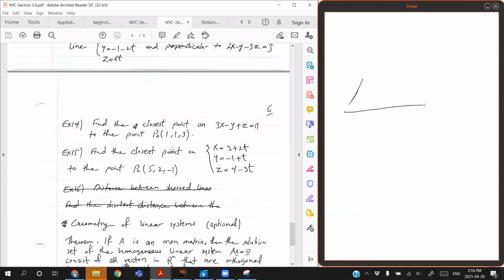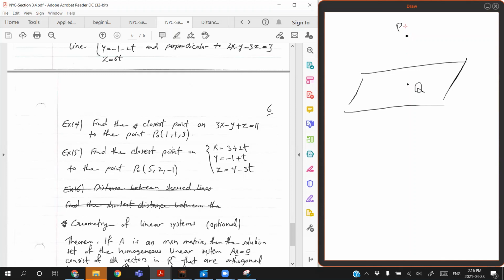You have a plane and you have a point. And you want to find the closest point. Let's call that point P and this point Q. You're looking for the point Q that is closest to the point P on the plane. What you can do is this.